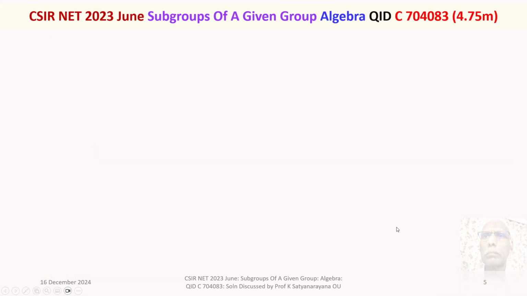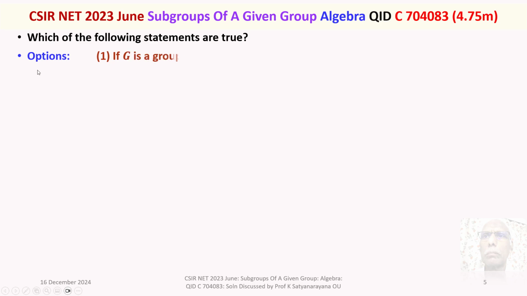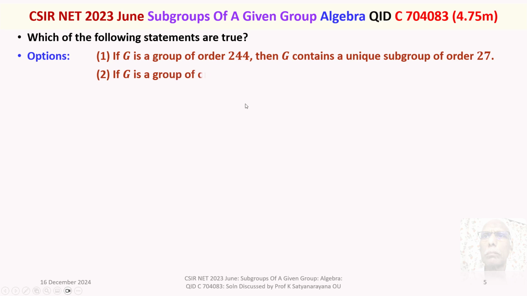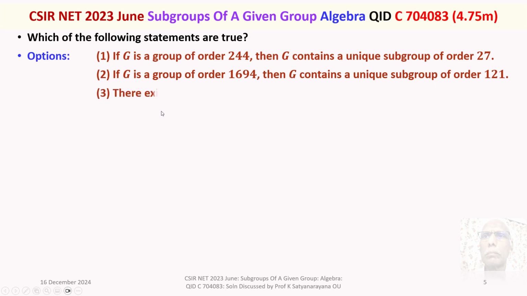Right. The given question is, which of the following statements are true? We are given four options. Option 1. If G is a group of order 244, then G contains a unique subgroup of order 27. Option 2. If G is a group of order 1694, then G contains a unique subgroup of order 121.